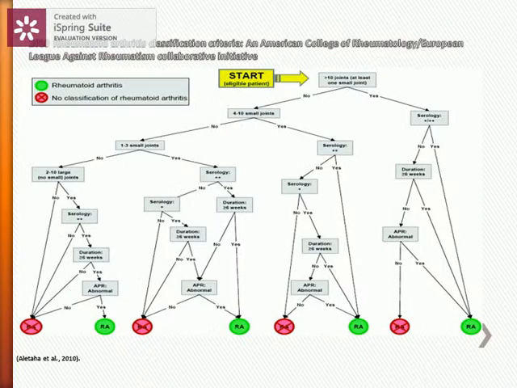In this chart here, you can see the different ways that physicians will test to see if patients have rheumatoid arthritis or not. The first test is the number of joints, whether they're large joints or small joints. They'll do a blood test for serology and also assess the length of time that patients have had symptoms to test whether treatment is necessary.